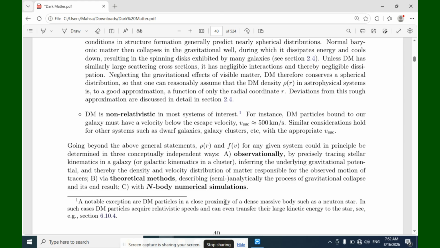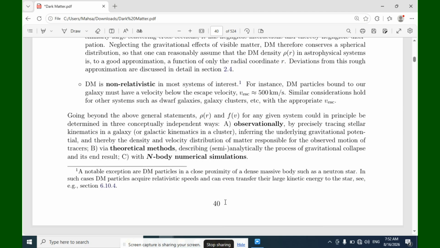B. Via theoretical methods describing semi-analytically the process of gravitational collapse and its end result. C. With N-body numerical simulations.